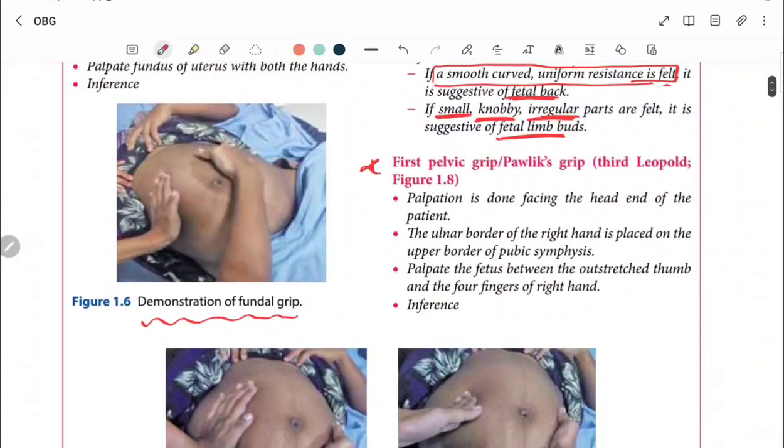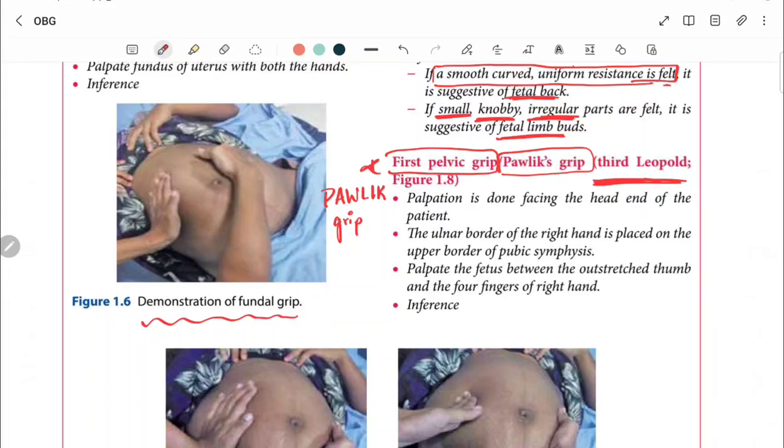Moving on to the third Leopold, that is the first pelvic grip, also known as Pawlik's grip. Very very important. First pelvic grip, also known as what, guys? Pawlik's grip.